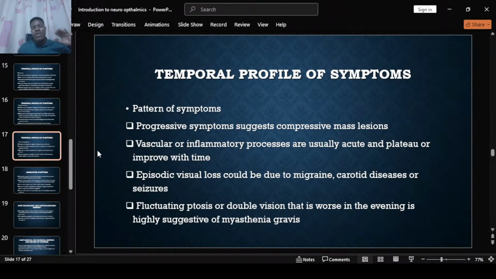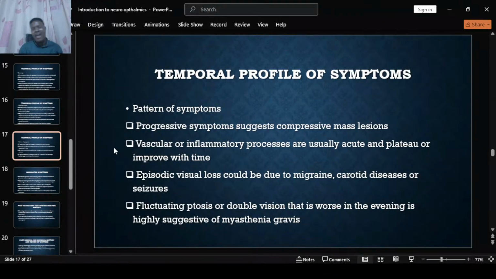So in vascular or inflammatory cases, it starts gradually, reaches a peak where it is worst, and after a while it begins to decrease in intensity gradually. That's how we are able to isolate vascular or inflammatory cases.